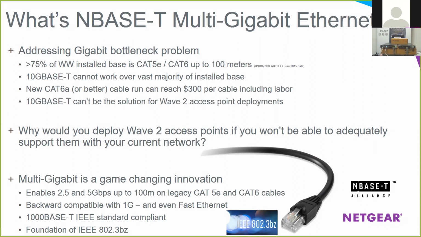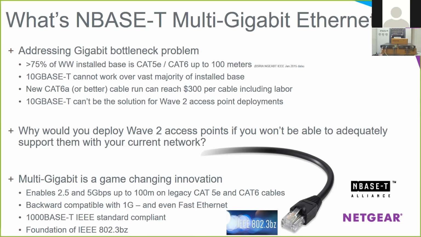As we just saw, the history of NBASE-T is all about wireless. We knew that Wave 2 was going to deliver far more than 1 gig per second. Now, 10GBASE-T was not good enough because it was pretty expensive, and also because 10GBASE-T requires brand new wiring.